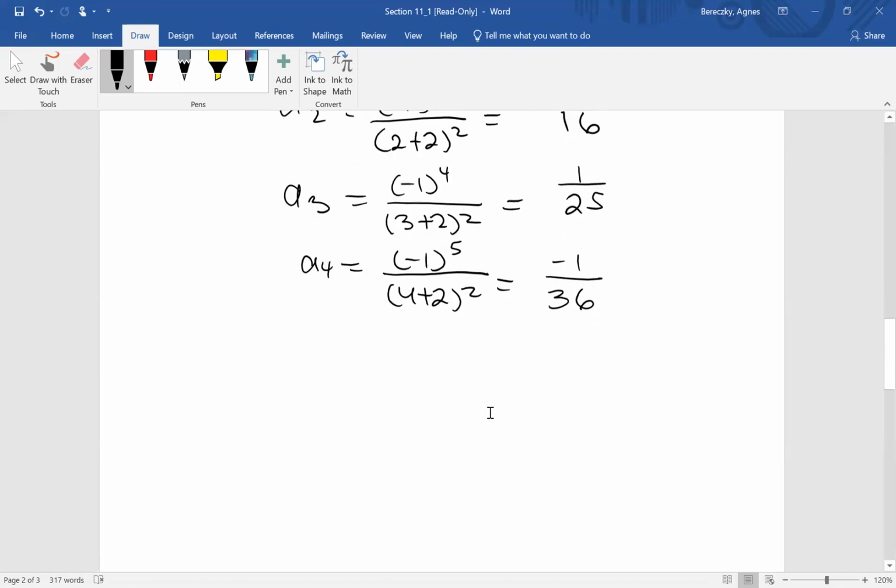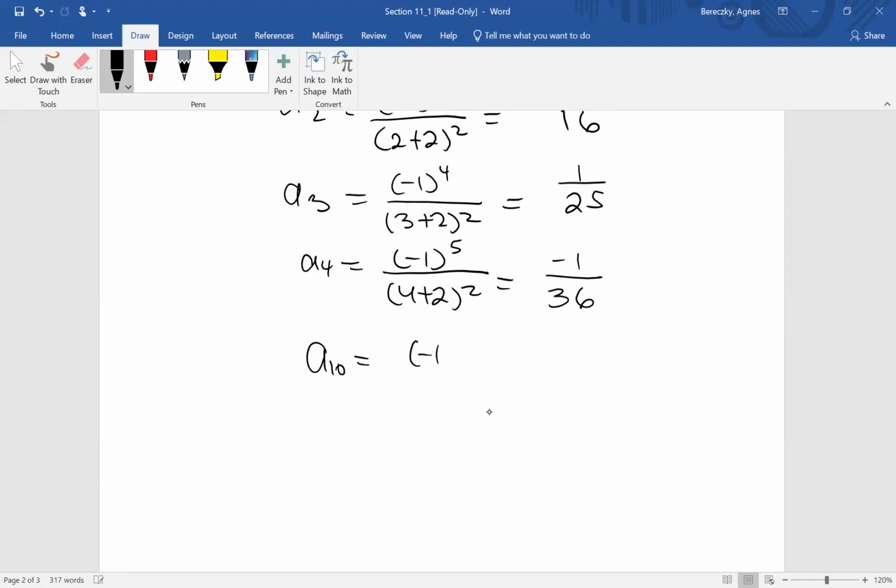And the 10th term is negative 1 to the 10 plus 1, 11th power, over 10 plus 2 squared. So negative 1 over 12 squared, which is 144.